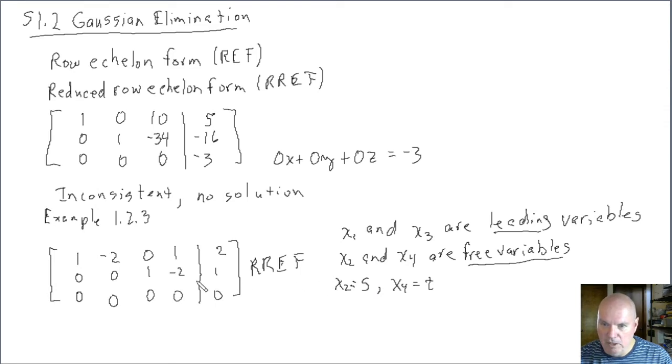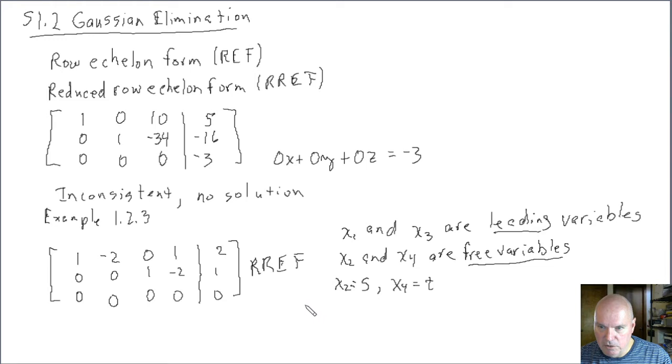Now going back to my set of equations, the first row would be x1 minus 2x2 plus x4 is equal to 2.